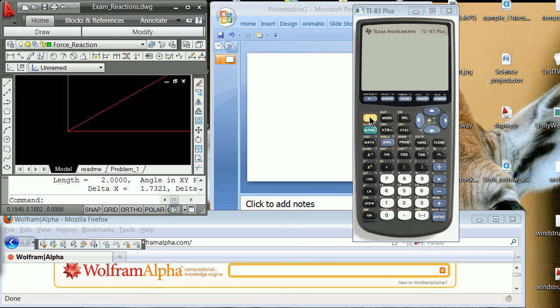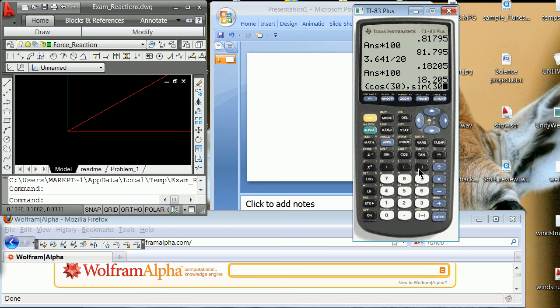You can go second, list, got to turn it on of course, second open the list, cosine of 30 comma sine of 30, close the list, store it into second list 1.